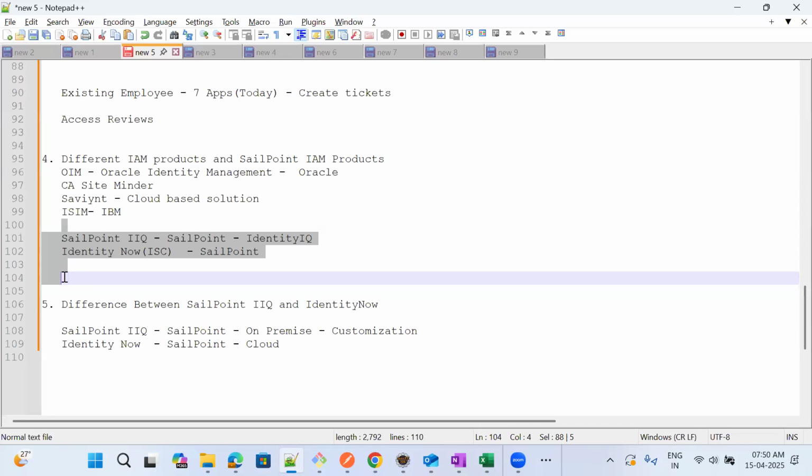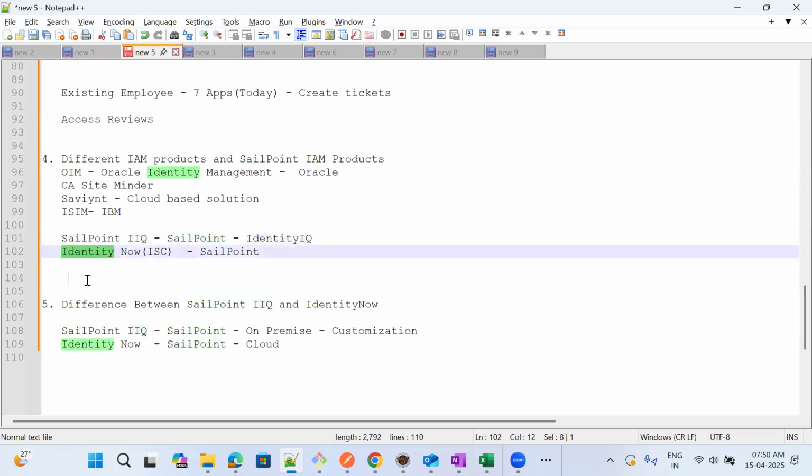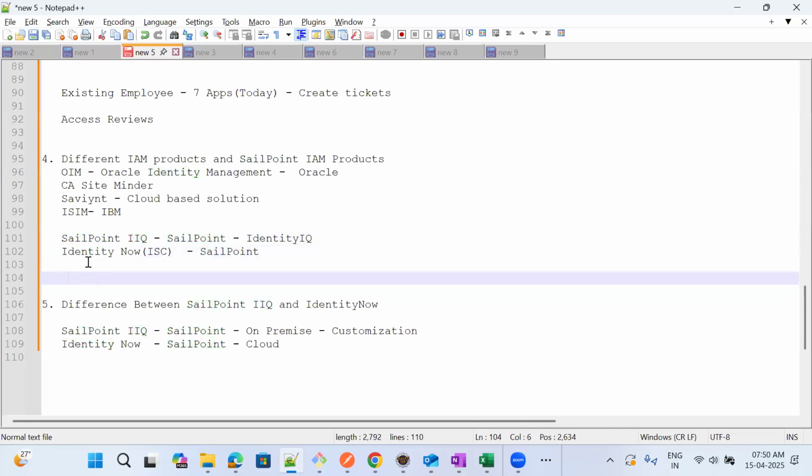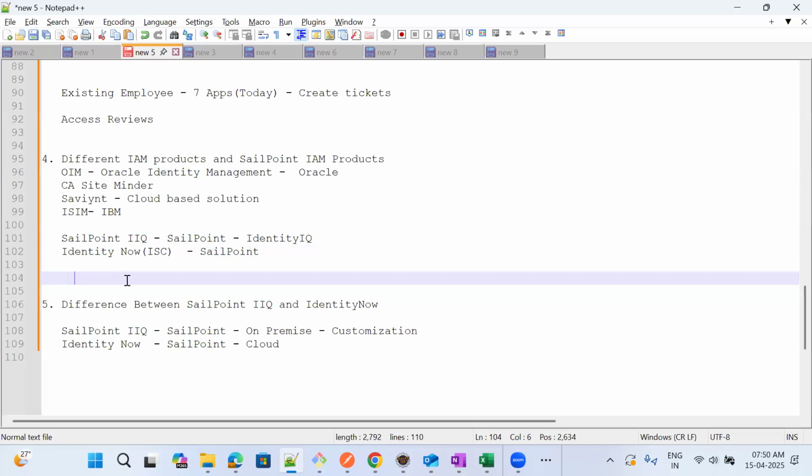Okay. So here we need to understand the differences between SailPoint IIQ and SailPoint Identity Now. Okay. So is anyone aware of this Identity Now or ISC before, or do you have any fair idea about this tool? Yes, Kalyan, I heard about Identity Now. Okay, so what is this tool as per your understanding?